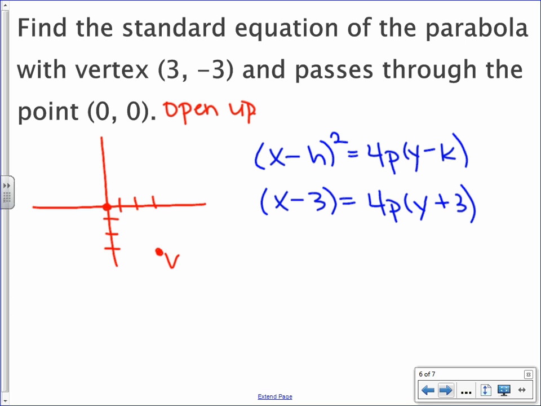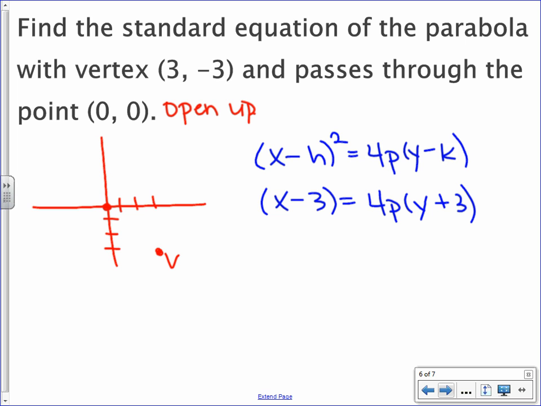How are we going to find p? If 0, 0 is a coordinate on our parabola, does it satisfy the equation? Yes. So when I plug 0, 0 into the equation, the left should equal the right side because it's a point on our parabola.